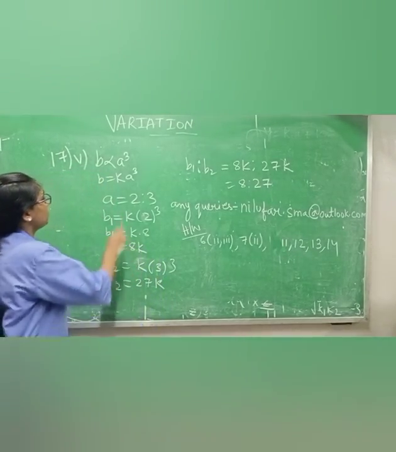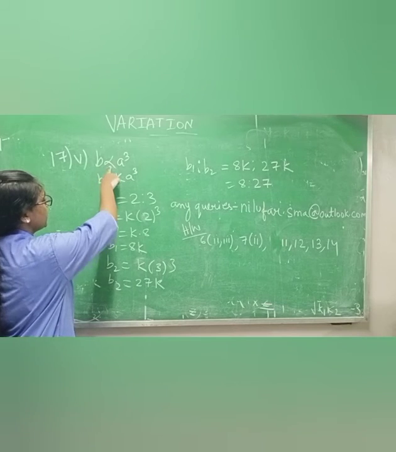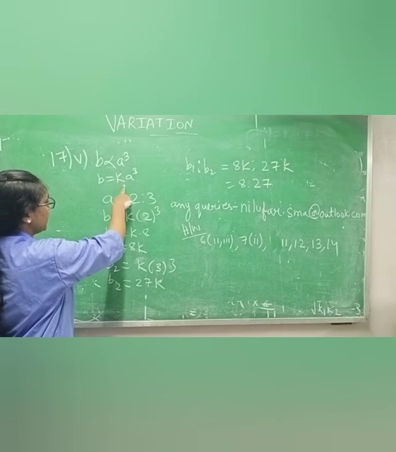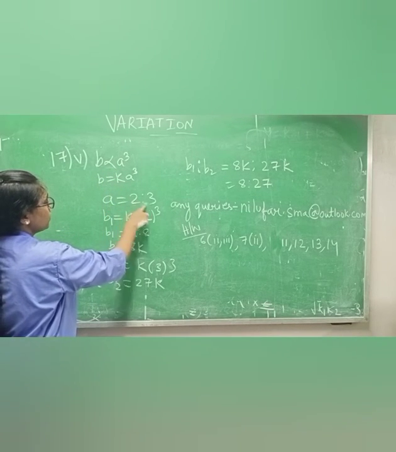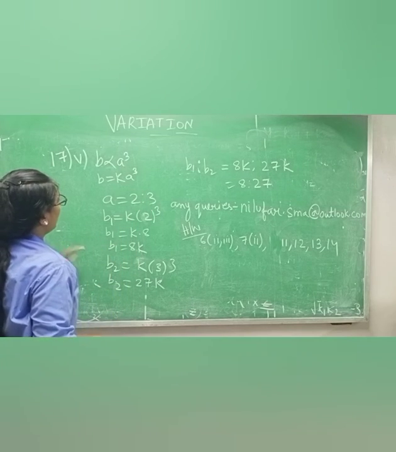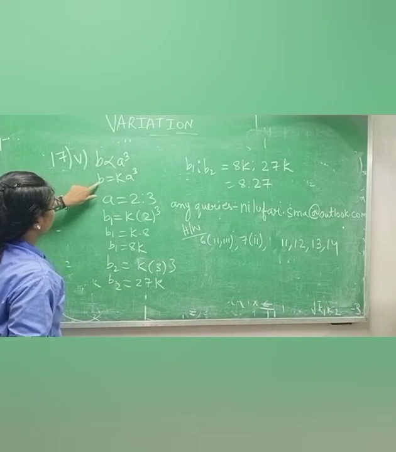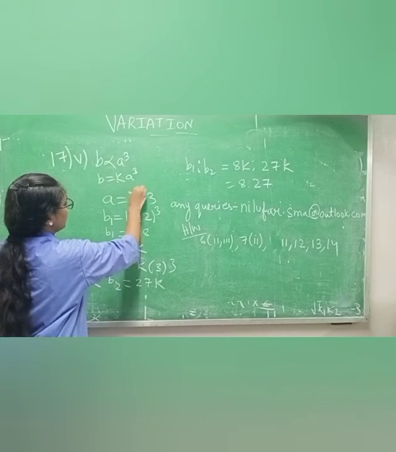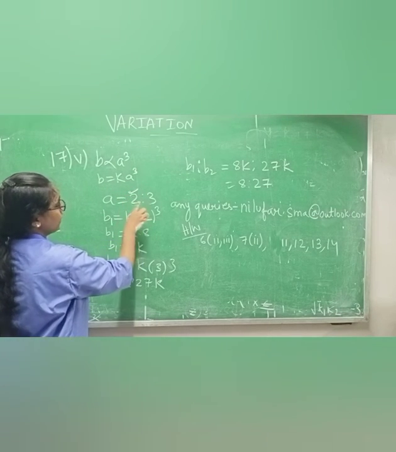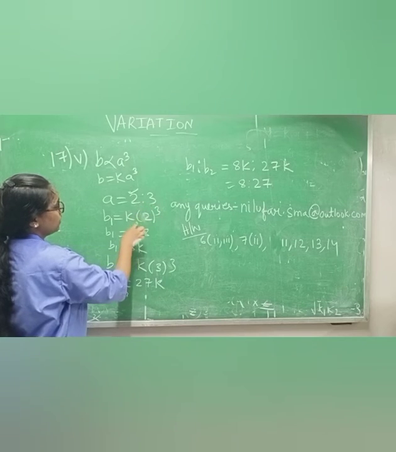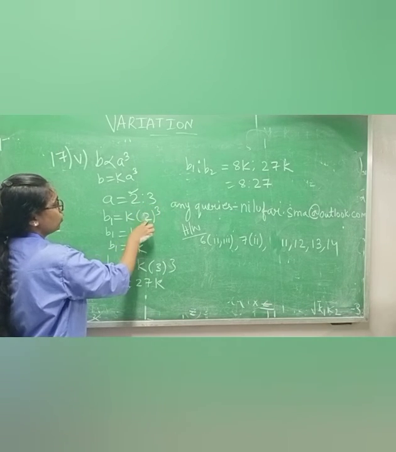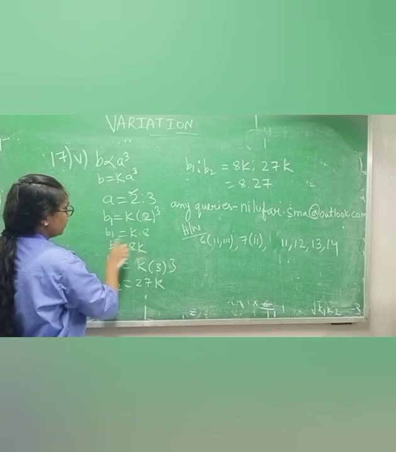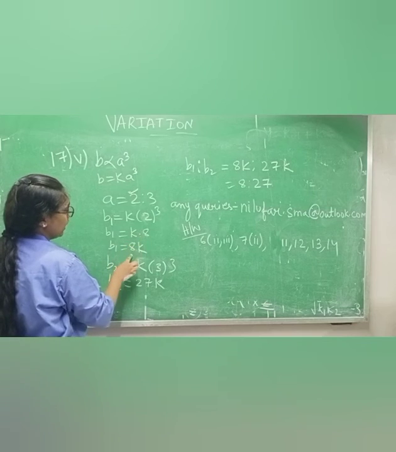Okay, so first of all we will remove the variation sign, we will give equals to and k. Now a is increasing in which ratio? 2 is to 3. Now in place of b, we will write b1 equals k, and in place of a first we will write 2, because the a value is given 2 times, first time 2 and second time 3, so 2 cube. 2 cube will give you 8, so b1 equals 8 into k, 8k.